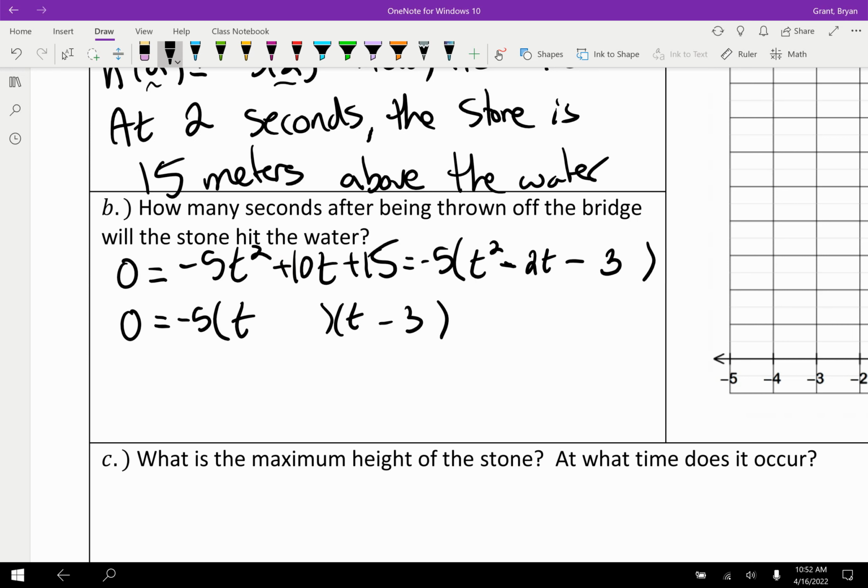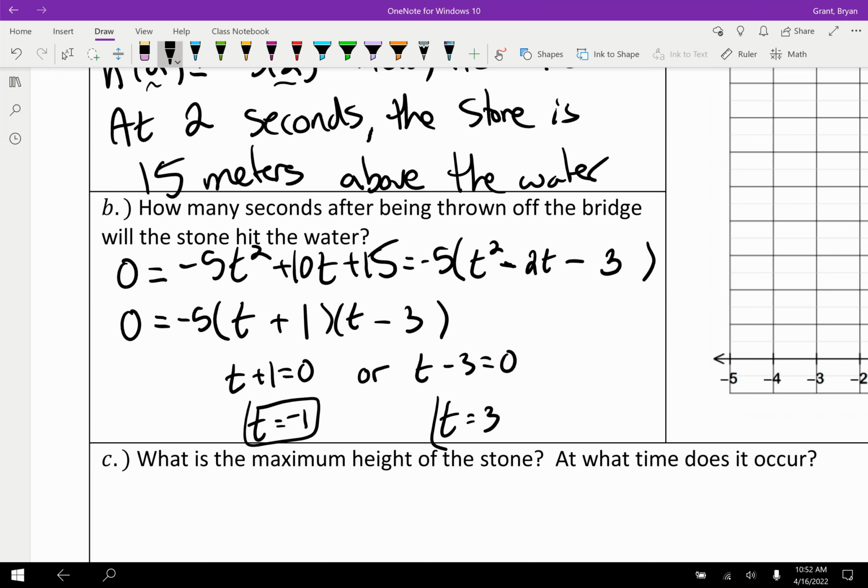I just think it's negative 3, or let's just do 3 and 1. And then to add up to negative 2, I think the 3 needs the negative sign. Ta-da! And then actually solving this isn't bad at all, right? To solve, t plus 1 equals 0, or t minus 3 equals 0. And then we just subtract the 1 to get negative 1, or add the 3 to get 3.